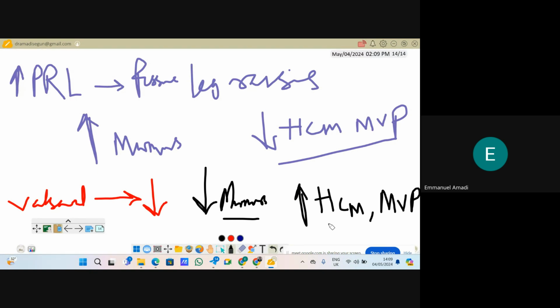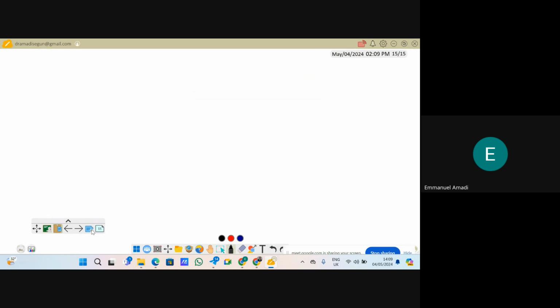Now, we have tied in two already, the ones that decrease preload and afterload. That is the passive leg raising and the Valsalva. Now, let us look at inspiration. That's another murmur maneuver we can do. Inspiration is when you breathe in. Remember what we said when we did the splitting. When you breathe in, you have more blood returning to the right part of the heart compared to the left part.